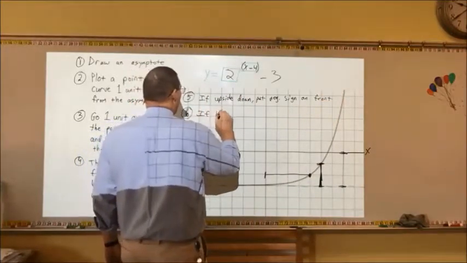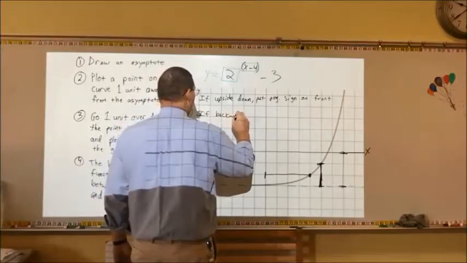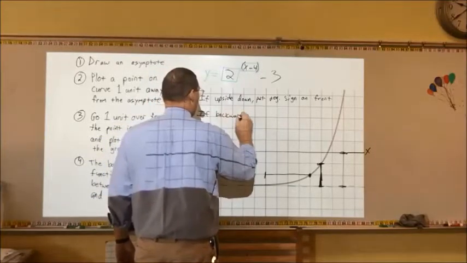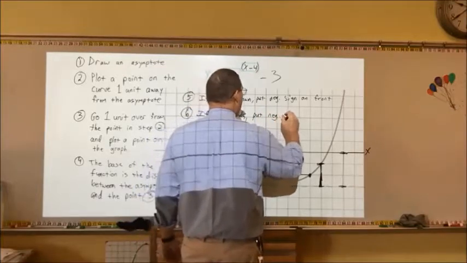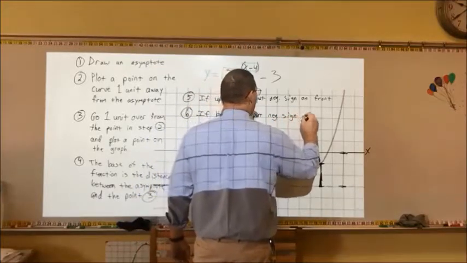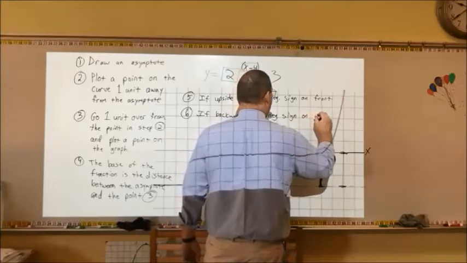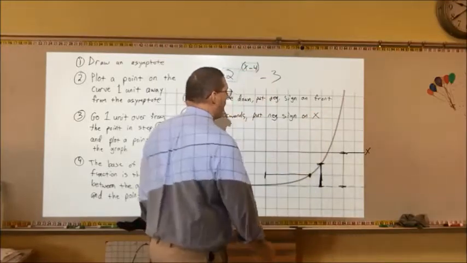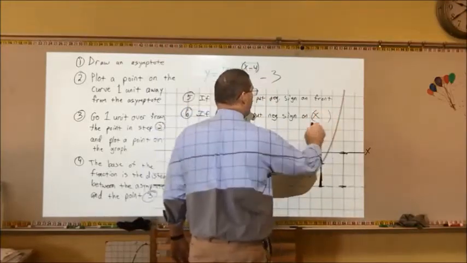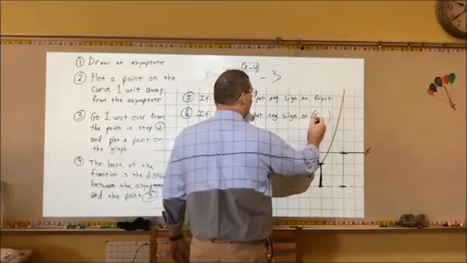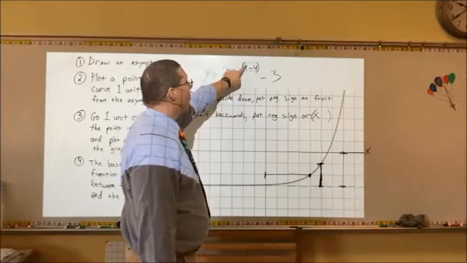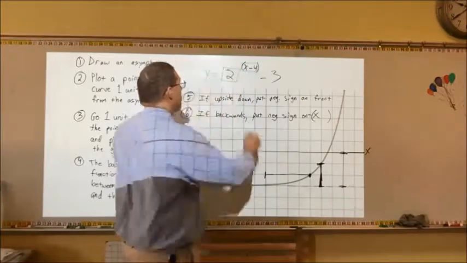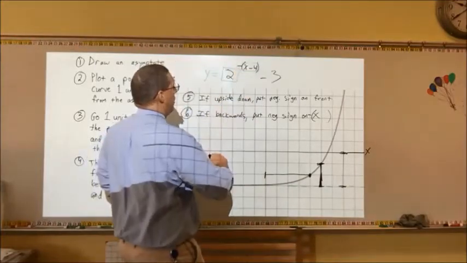If backwards, put negative sign on x. But here's the thing, you're actually putting it in front of the x inside parentheses. You're putting it here. Like if this was backwards, I wouldn't put the negative in here. I'd put it on the outside like that.